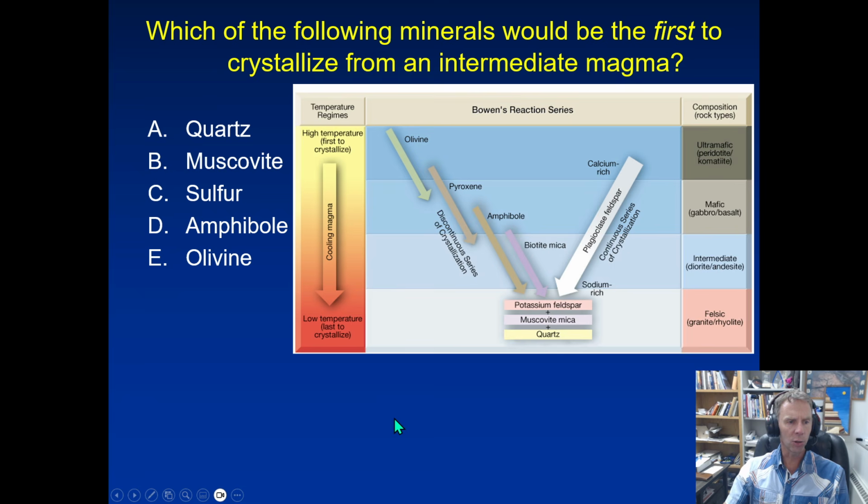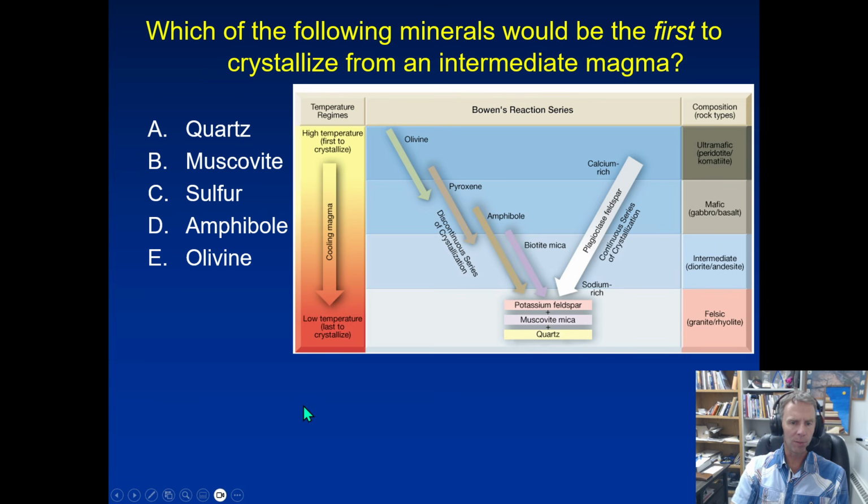So here's your quiz question, and then we'll wrap this up. So we've looked at Bowen's reaction series, and here it is again. So here's a list of 5 minerals. Which of these 5 minerals would be the first, or among the first, to crystallize from a magma that had an intermediate composition? So you've got Bowen's reaction series there. You've got the minerals shown here in the middle of the diagram.